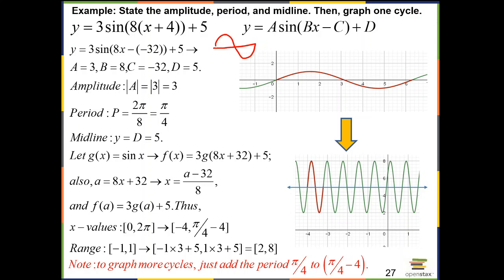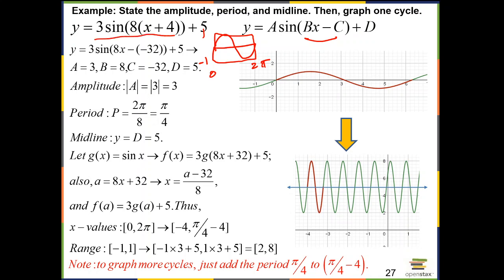What rectangle? Well, we can decide where this rectangle goes. Remember, originally it's from -1 to 1 and from 0 to 2 pi. Where does it go? Well, what are the transformations? Again, we're going to write it this way to figure out what the transformations are. So you see right here, let g of x be sine of x.